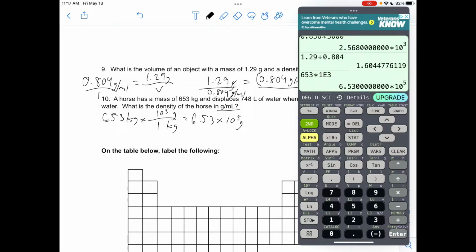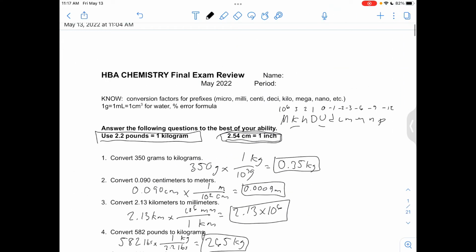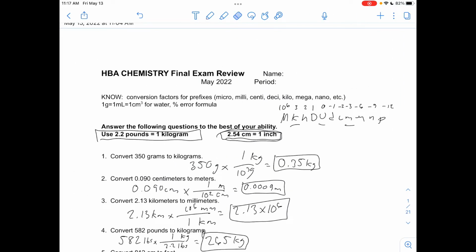The next one is, let's see, actually 748 liters. Gotta get it into milliliters. So again, I'm looking at milli. So milli and base unit.